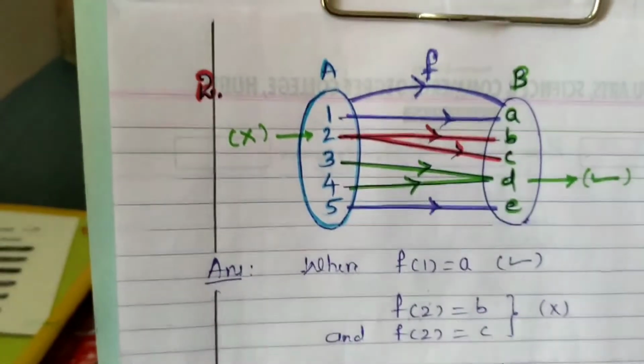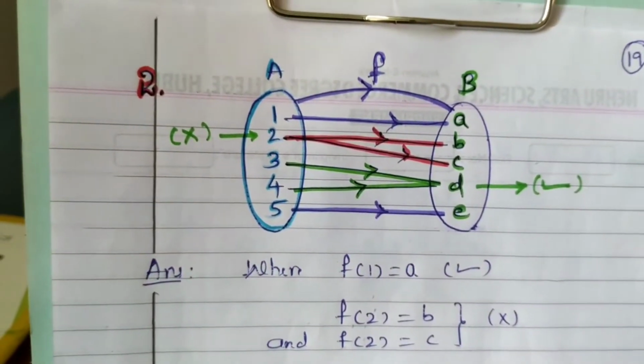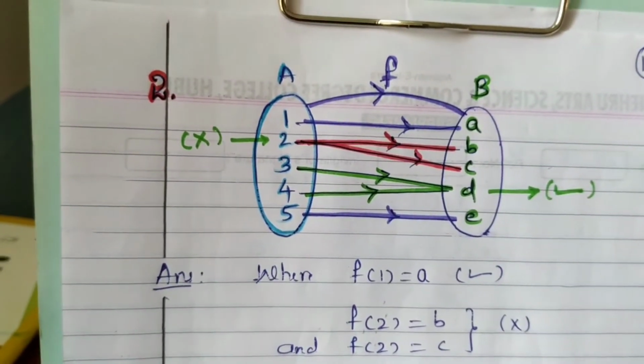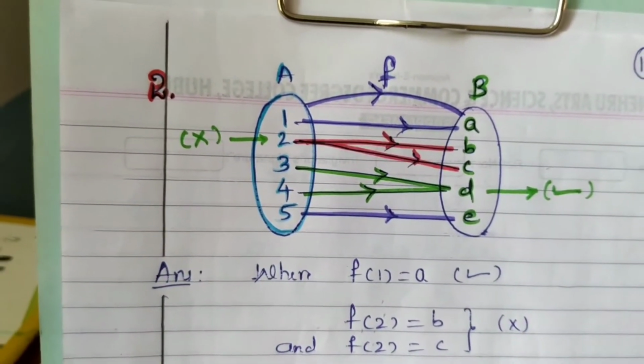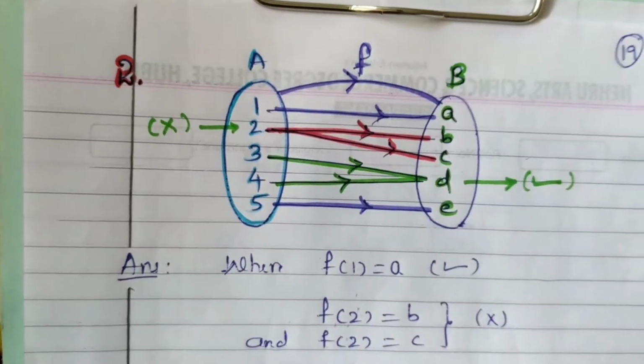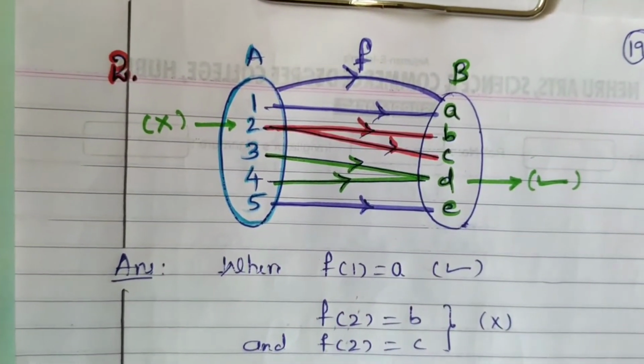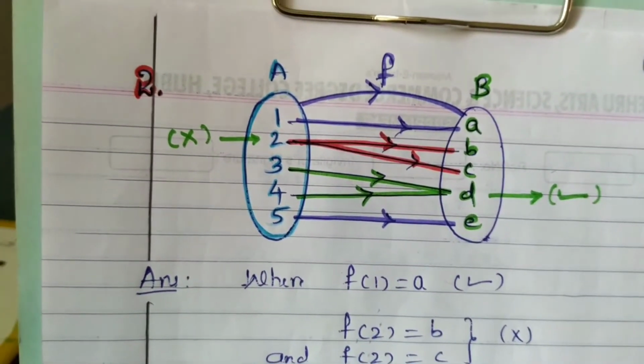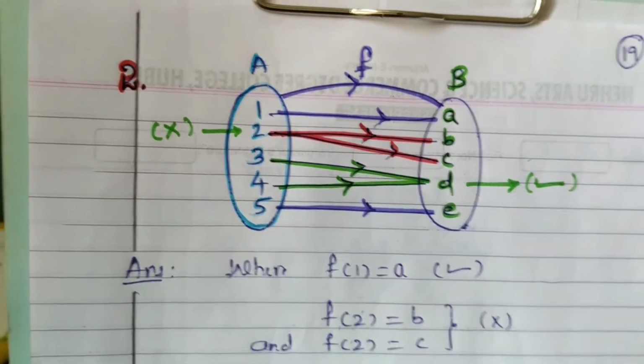So what we have covered here is the definition of a function, some important points on a function, and examples. One example I gave is a function, and another example I gave is not a function.